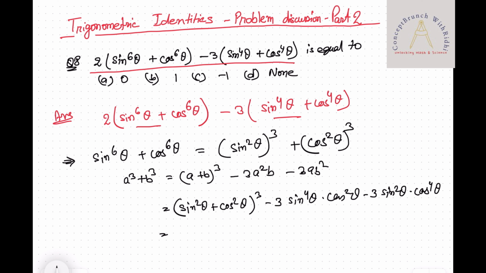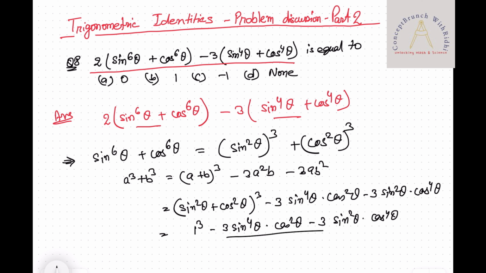Sine square theta plus cos square theta will be 1, so it will become 1 cube minus 3 sine to the power 4 theta times cos square theta minus 3 sine square theta times cos to the power 4 theta. What can we do here?